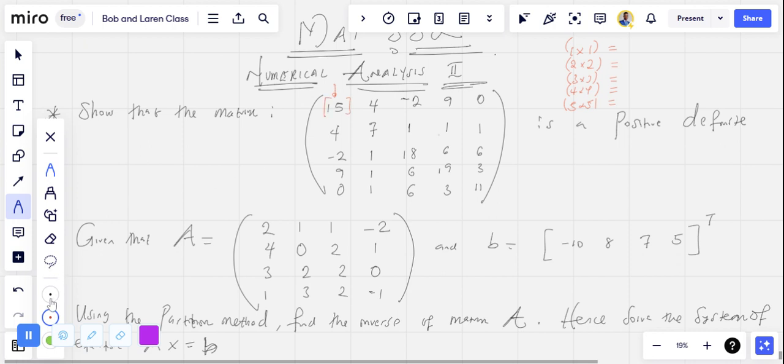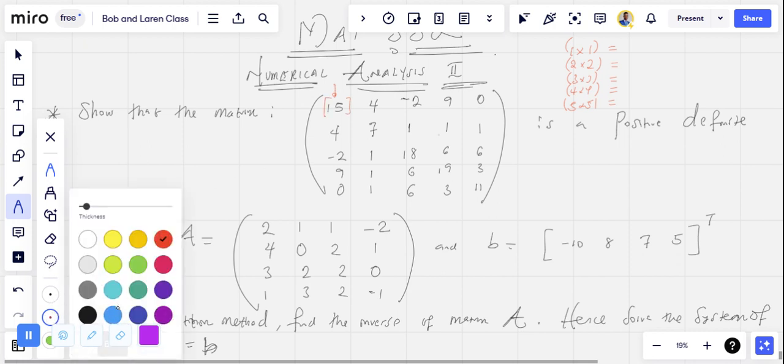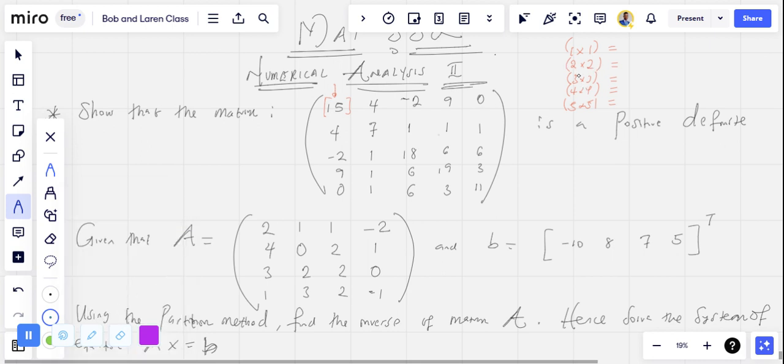What if I now have to pick a 2 by 2 matrix? That is this, right? This is a 2 by 2 matrix. I'm starting from the top left. This is the 1 by 1 matrix, then pick 2 by 2. Now pick 3 by 3. Let me use another color for that. If I want to pick 3 by 3, it is of this format: 1, 2, 3, and 1, 2, 3.